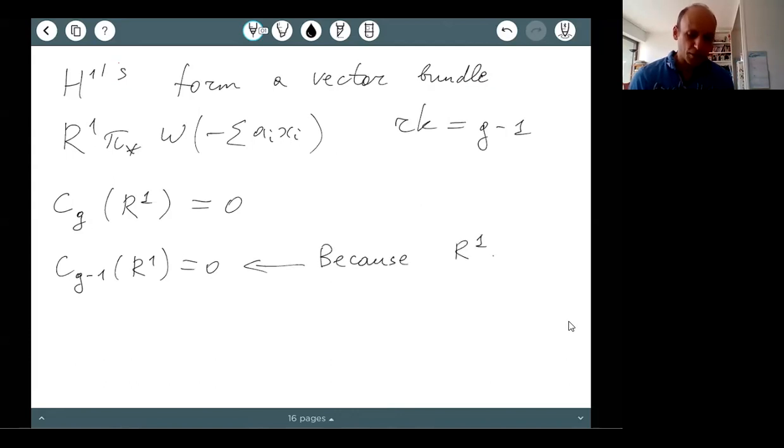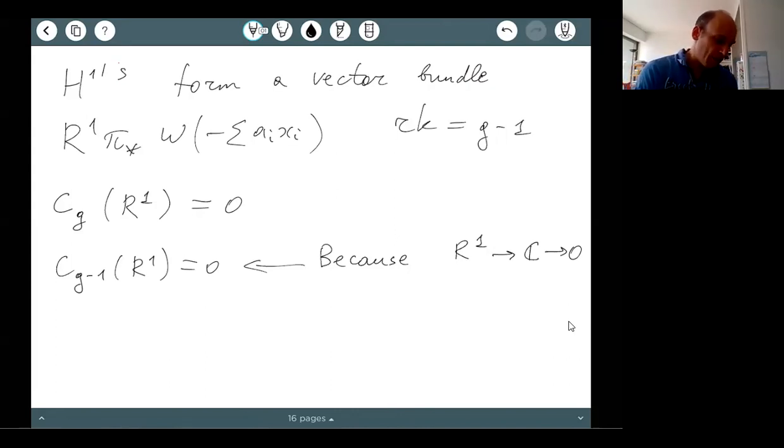We have a surjective map from R^1 to the trivial line bundle. If you have a vector bundle with a surjective map to the trivial line bundle, you can decompose the Chern class as the product of 1 that corresponds to this and the Chern class of the kernel, and the kernel is a vector bundle of rank g minus 2.